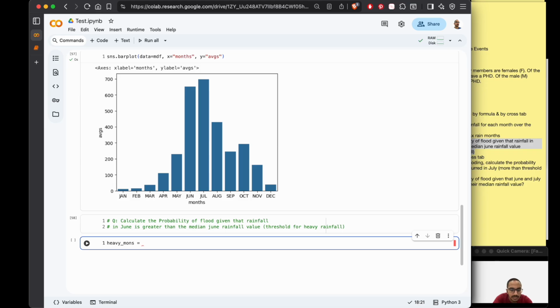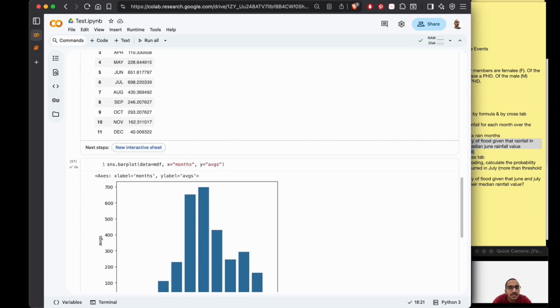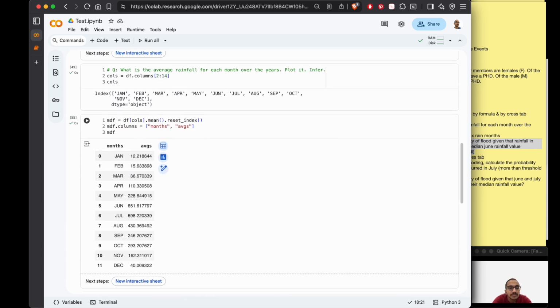Our heavy months are basically df dot columns. I mean, we can just do it this way. Yeah, I guess maybe putting it explicitly is better. Okay, heavy months are, but then I'll have to make sure that the wordings are correct.